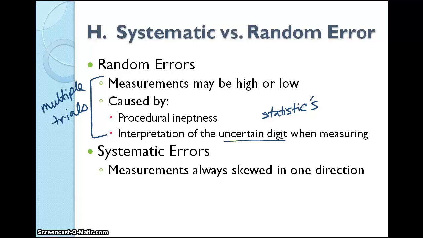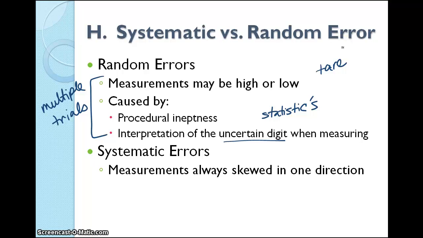So for random errors, a specific example would be maybe for one trial you might have forgotten to tare your balance, and so it messed one up, but you're able to see that, and it's blatantly obvious in your data how one is really, really low, or another is really, really high, so way off from your others.